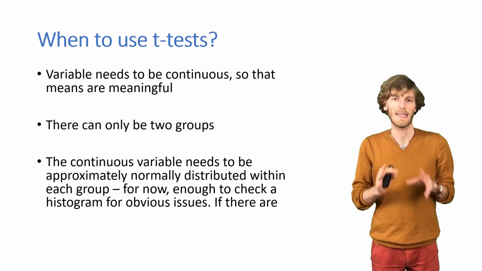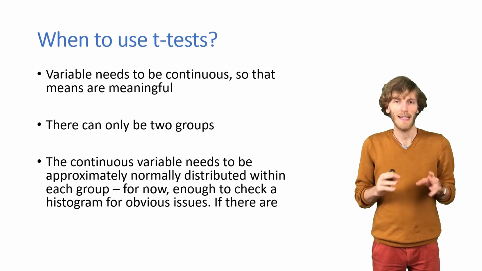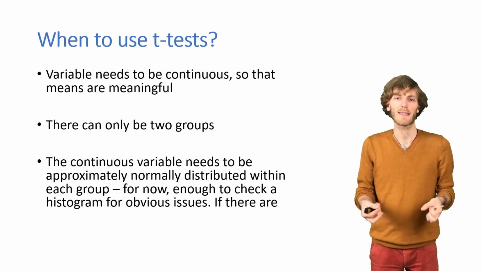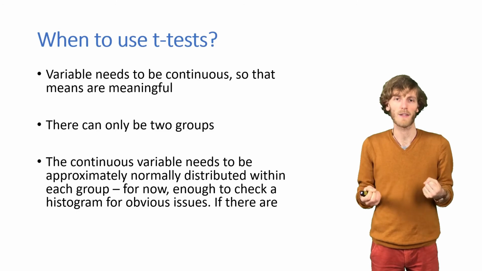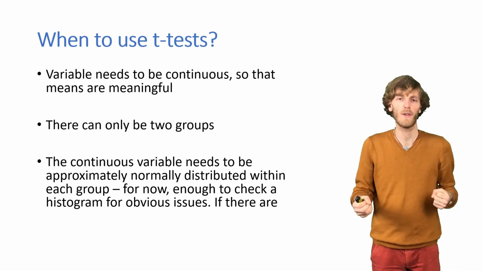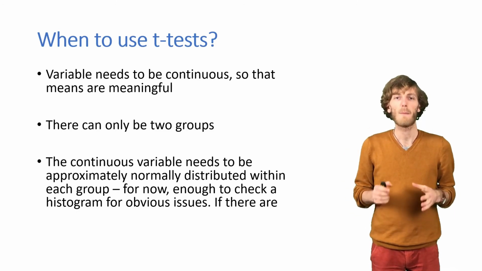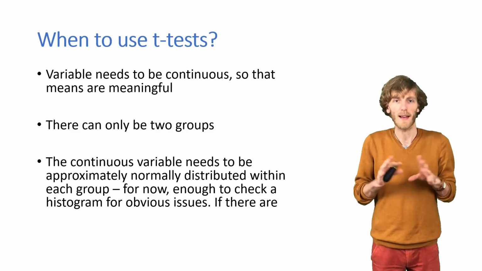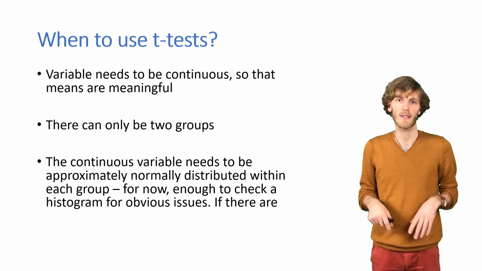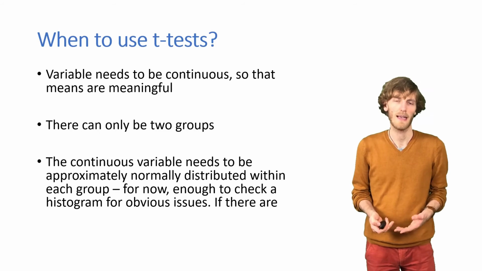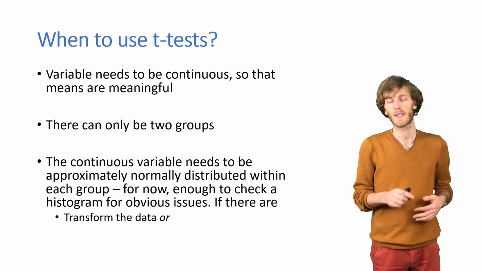And this is not very sensitive. Clearly, a group of 10 participants, a set of 10 values, cannot form a perfect normal distribution, but it needs to be close enough. If it looks completely different on the histogram, we need to do something about that. We need to then either think about transforming the variable.